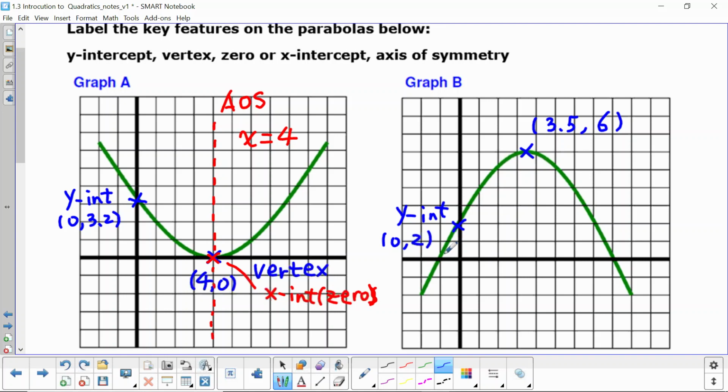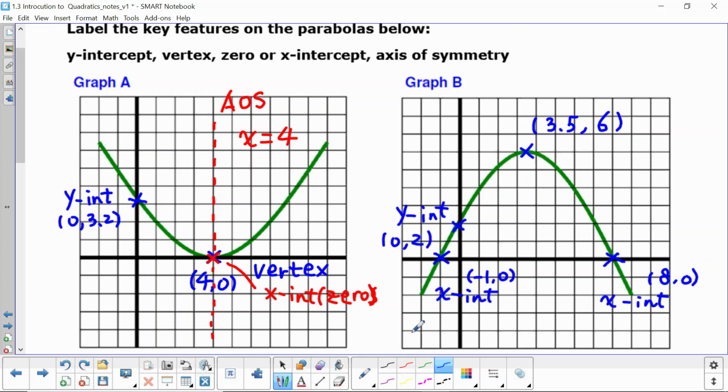And for the zeros, we are going to look for the points of intersection of the graph with the x-axis. So you have two. This one is an x-intercept, and this one is an x-intercept. Then we write the xy coordinates out. This one is -1, comma 0. This one is 1, 2, 3, 4, 5, 6, 7, 8, so 8, comma 0.